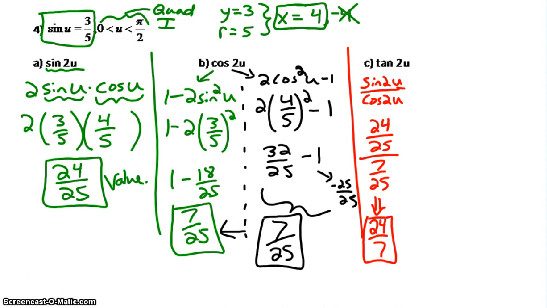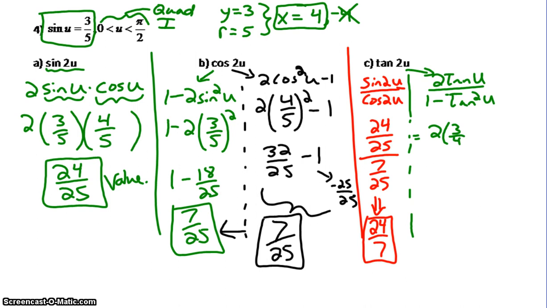Getting used to this double angle for tangent, however, let's just see how that works out. We end up with 2 tangent of u all over 1 minus tangent squared u, which results in the following complex fraction. We get a 2 times a 3/4 in the numerator all over 1 minus, and it looks like we're going to square that 3/4, so 1 minus 9 over 16.